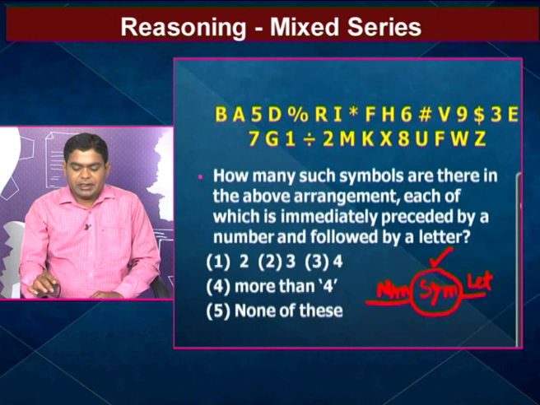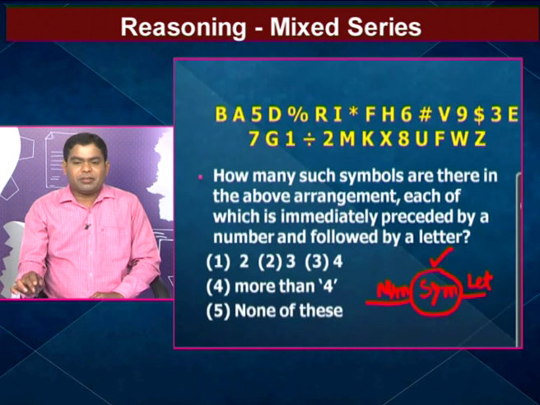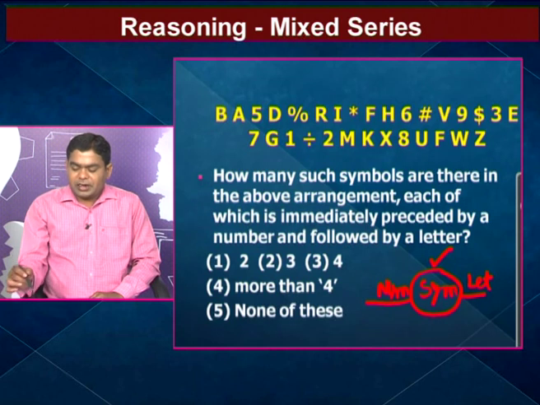So in our given series, the first symbol is percentage. Here on the left side a letter is there, but according to our condition the left side must be a number, so the symbol does not satisfy the given condition. After that we go to the next symbol, that one is star. Here the left side must be a number, but the star's left side is I, that means star does not satisfy the given condition.